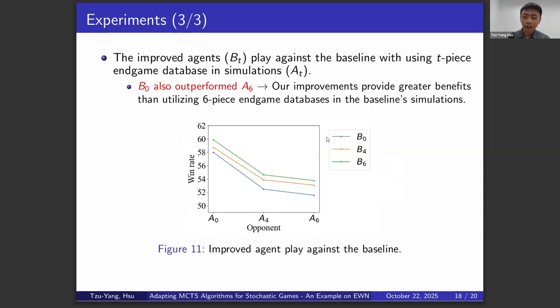And different line colors represent the different versions of our improved agent. In this diagram, we can find that the version B0 also outperformed the version A6, showing that our improvements provide greater benefits than simply utilizing a 6-piece endgame database in the baseline simulations.